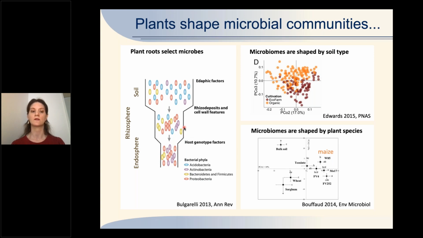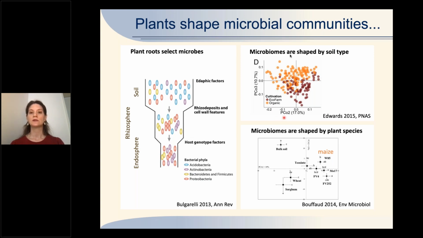It's only a subset. And if we then look at the endosphere, or basically the inside of the root, we can see that some of the microbes that were living on the outside of the root on the rhizoplane can actually immigrate into the root and colonize the root interior, but not all of them. So we have this reduced diversity.